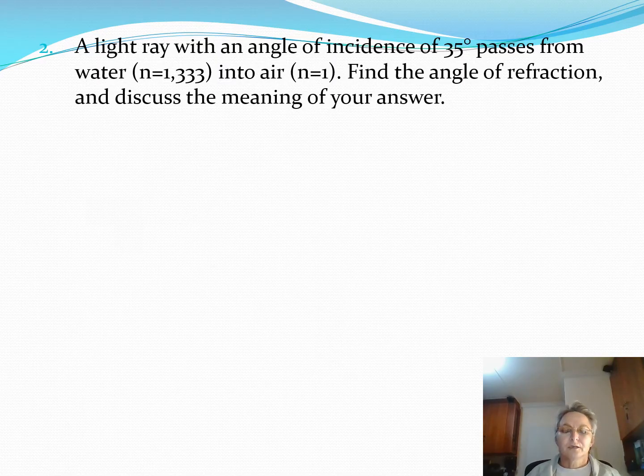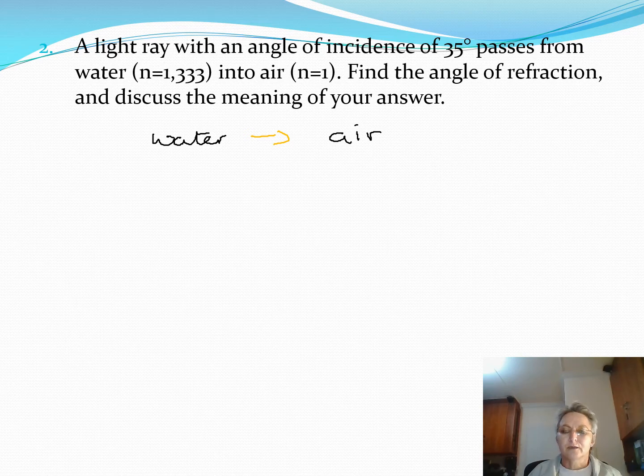Right, so this second example: a light ray with an angle of incidence 35 degrees passes from water into air. Find the angle of refraction and discuss the meaning of your answer.